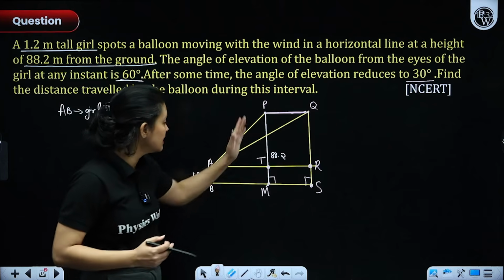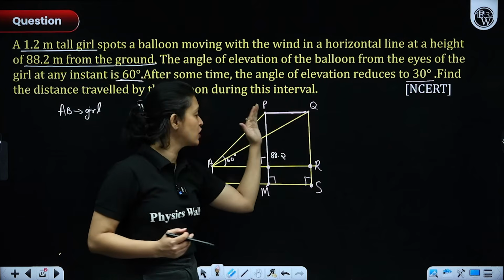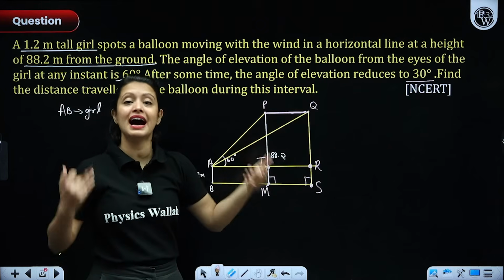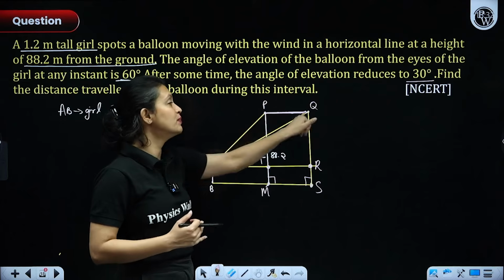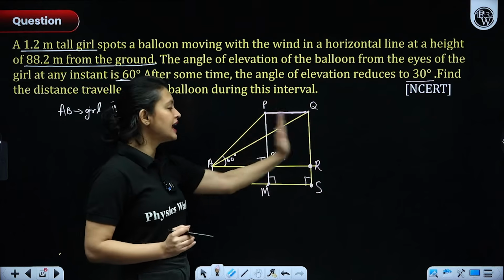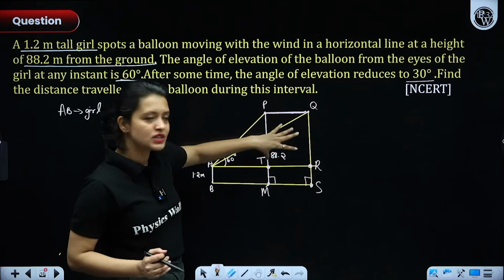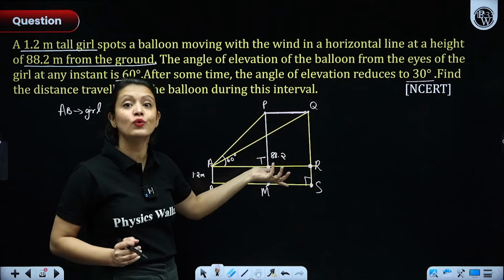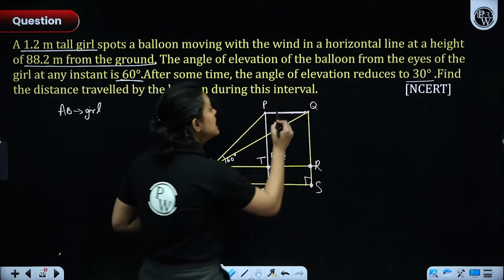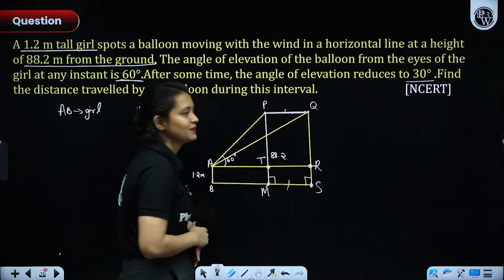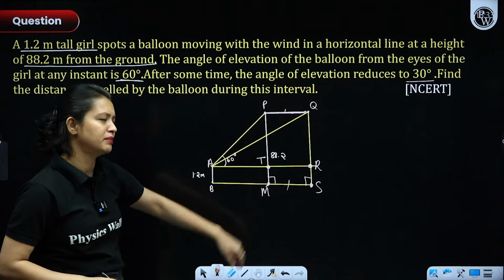PM is equal to QS because PM and QS are the perpendicular distance of the balloon from the ground. They are equal. So if two sides are equal and two angles are 90 degrees, it is a rectangle. And if it is a rectangle, guys, then PQ is equal to MS. What do you need to find? You need to find MS.